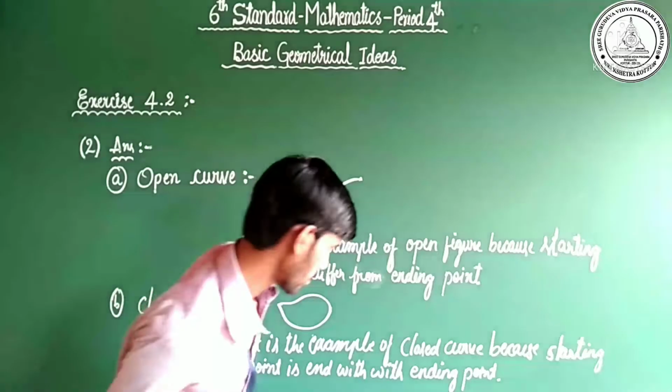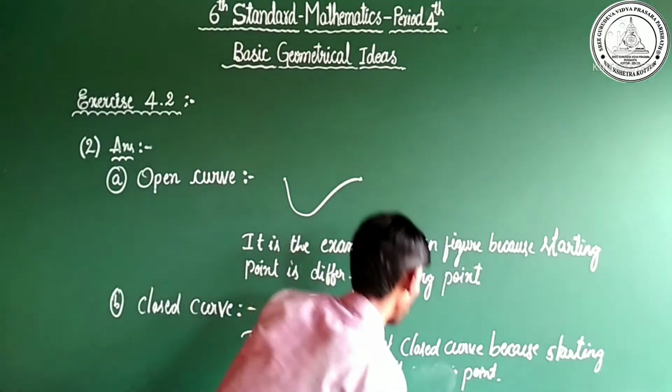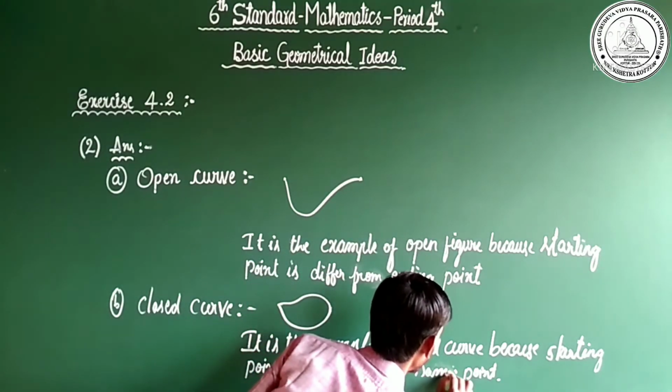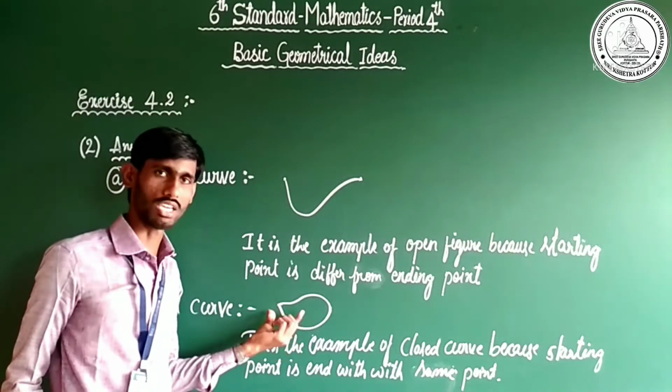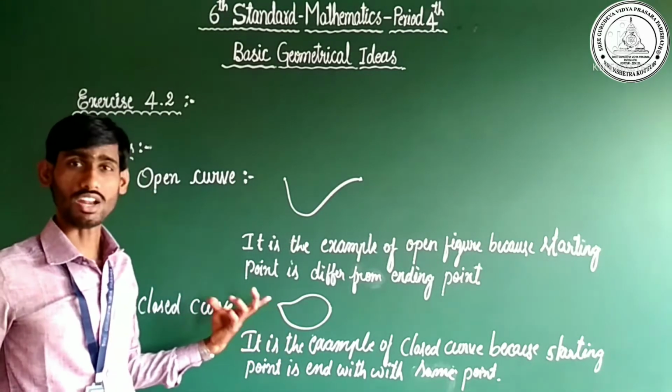The starting point ends with the ending point, which means a closed figure. That's why the given picture is called a closed picture or closed curve.